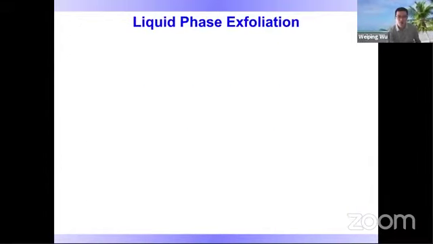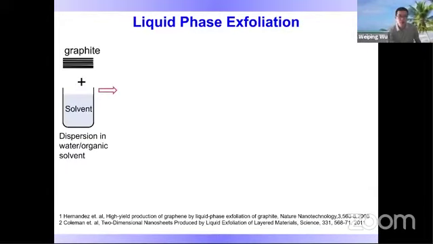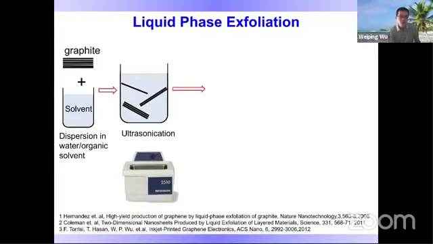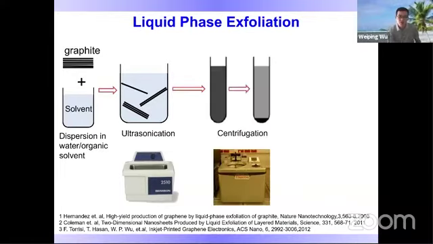In a typical process, we put the graphite powder into the solvent, then sonicate with a very simple facility, an ultrasonic benchtop machine. After centrifugation, we can separate the few layer graphene and the exfoliated graphene. Then graphene inks can be produced.